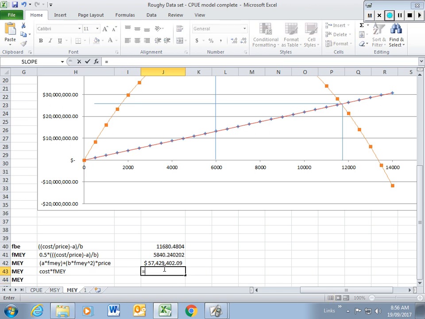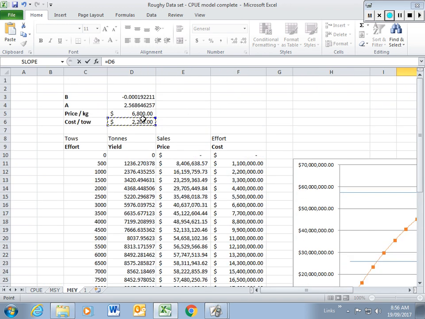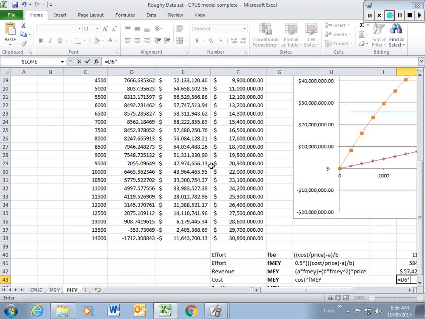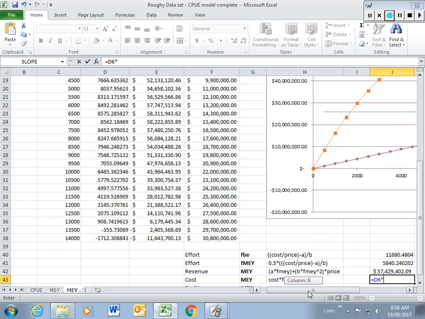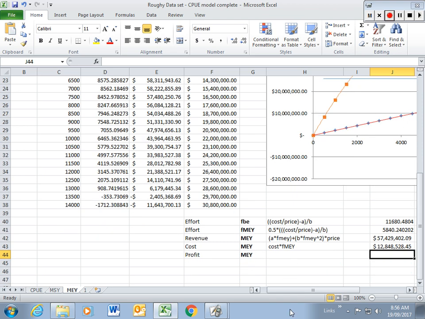So it equals, go up and find our cost here, multiply it out with the level of effort at MEY, which is going to cost us $12,848,000 for the entire fishery, based on that figure, to access the fishery and catch what they need to catch.